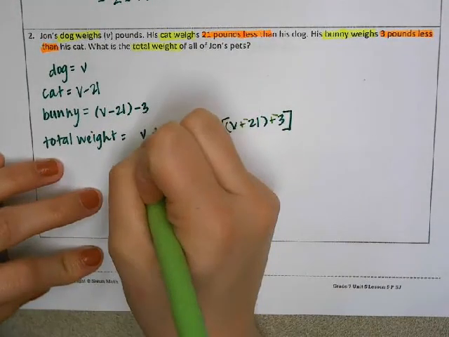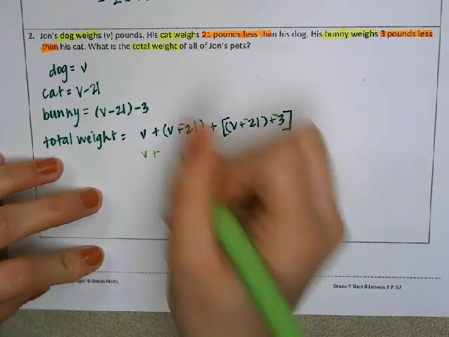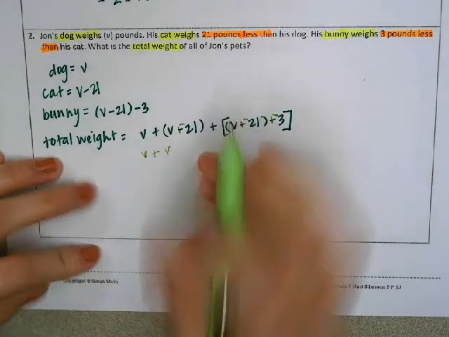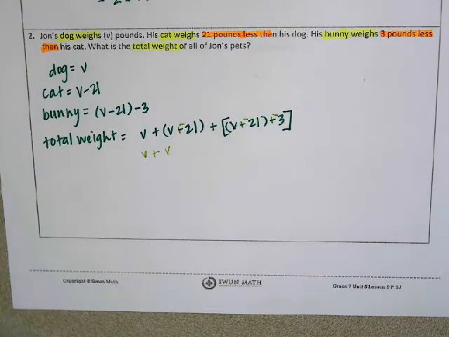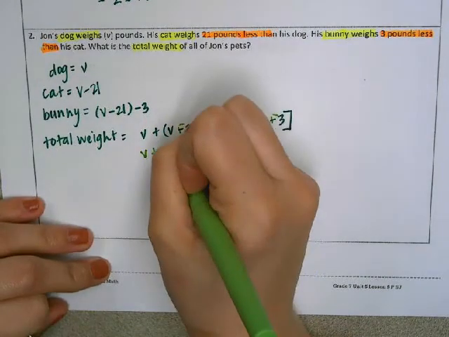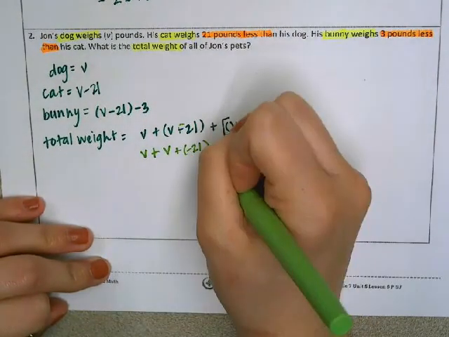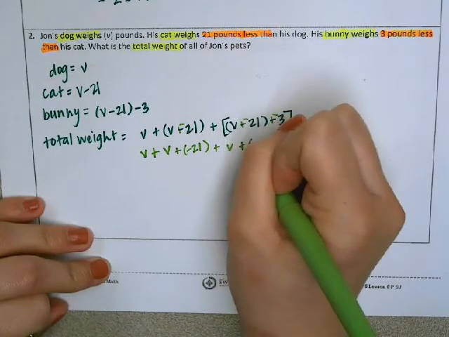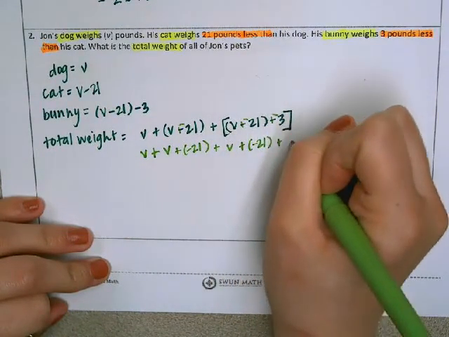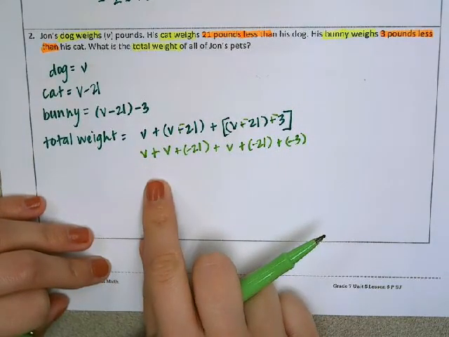So I just have a V plus a V, let me use a different pen, can't really see that. V plus a V plus a negative 21 right here, plus V plus a negative 21 plus a negative 3. Okay, all I did was just rewrite it.